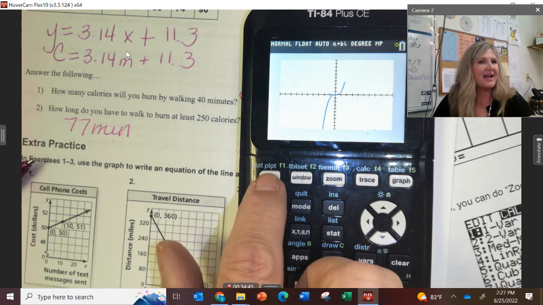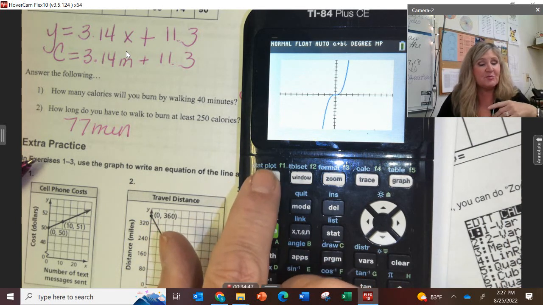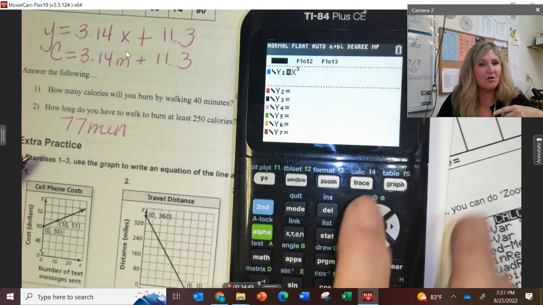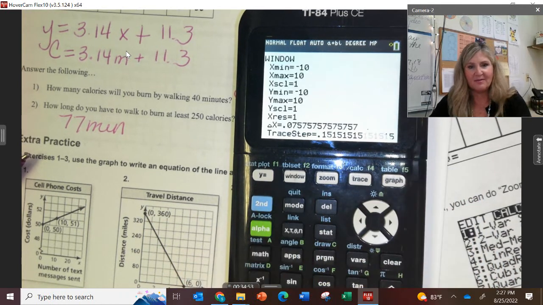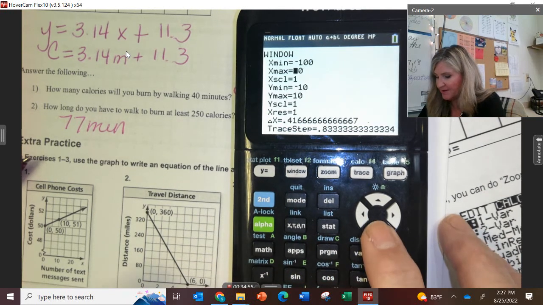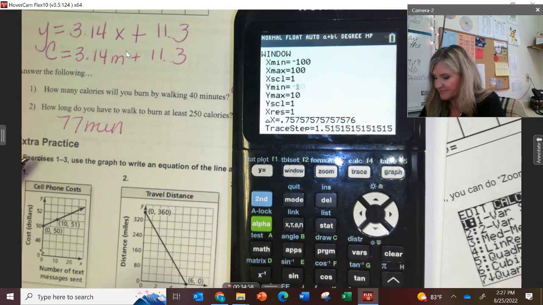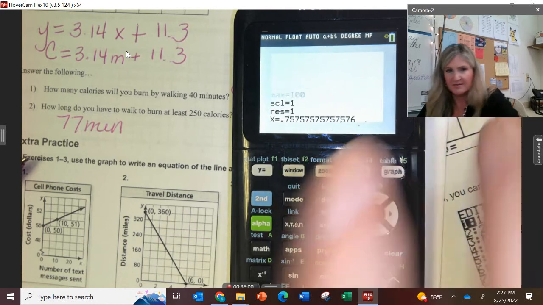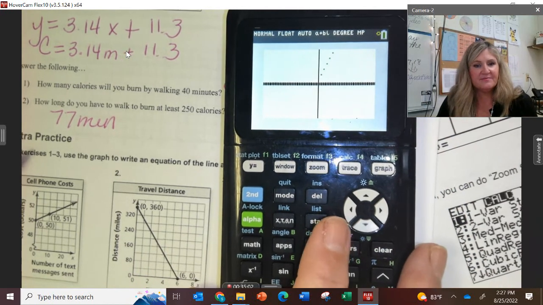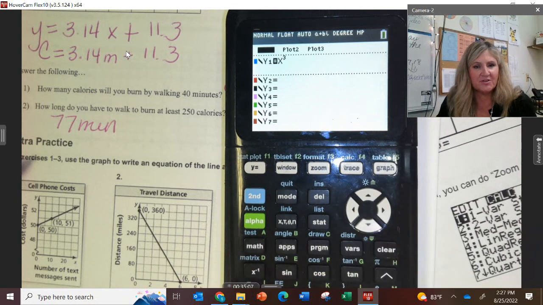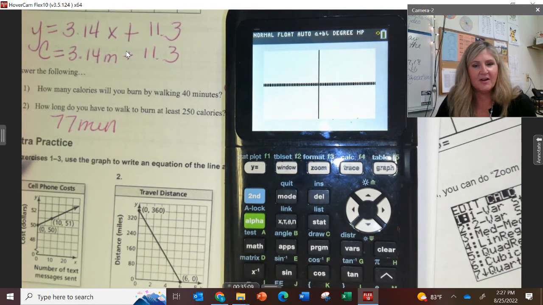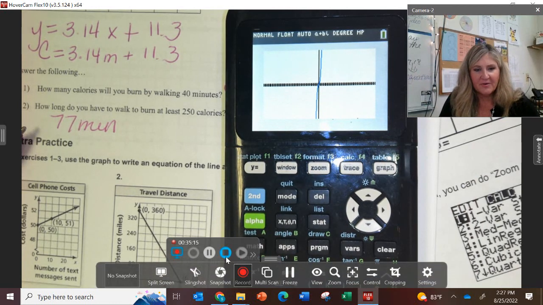If I want to turn them back on, a quick way for you to turn those back on, go to y equals, go up here, click it, and I want to see them actually. Watch, now they'll be there again. Okay, you guys got that? If I don't want to see them, I go up here, turn it off, hit graph. Where are they? Disappeared. Okay? All right, everything you wanted to know about that.